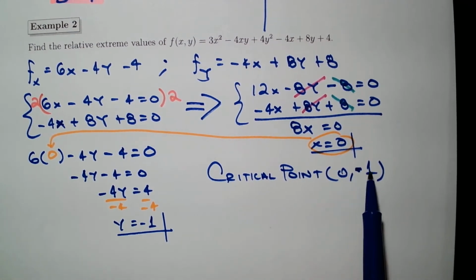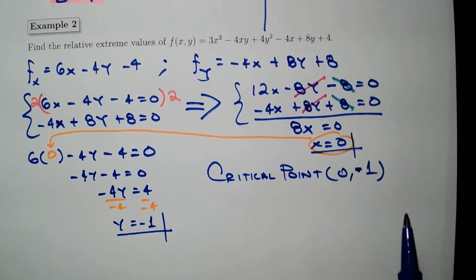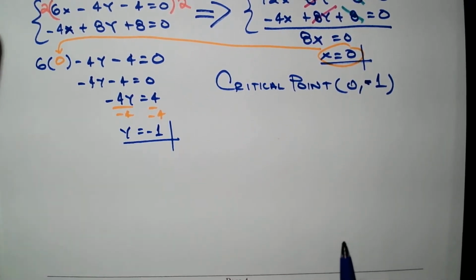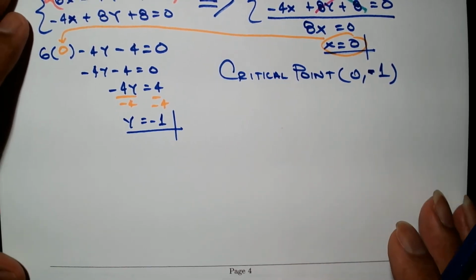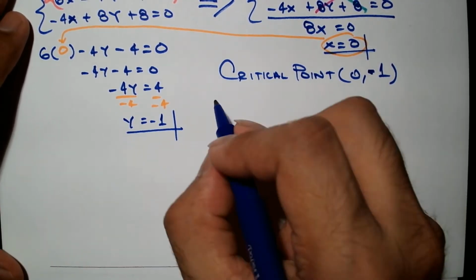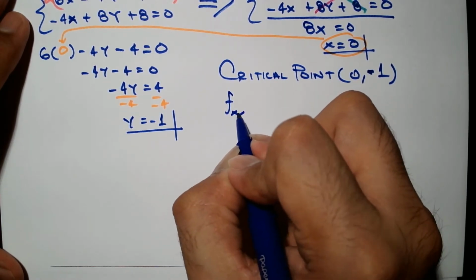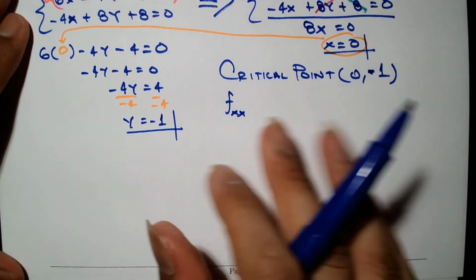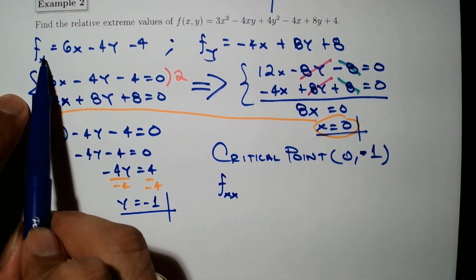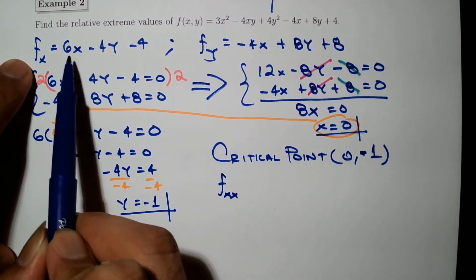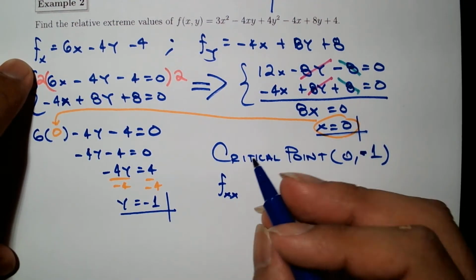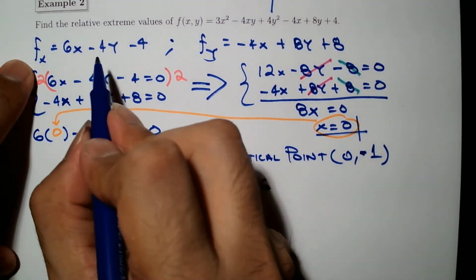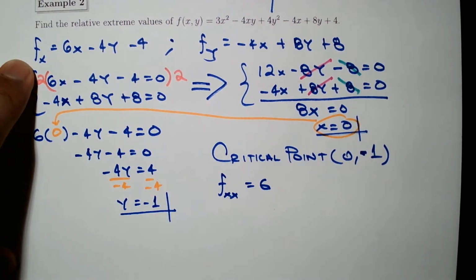We need to test whether the critical point will be a minimum, a maximum, or a saddle point. What else do we need? We need the second partial derivatives. Starting from the first derivative, the partial derivative of 6x with respect to x will be 6, and the other two terms are 0 with respect to x, so fxx is just 6.